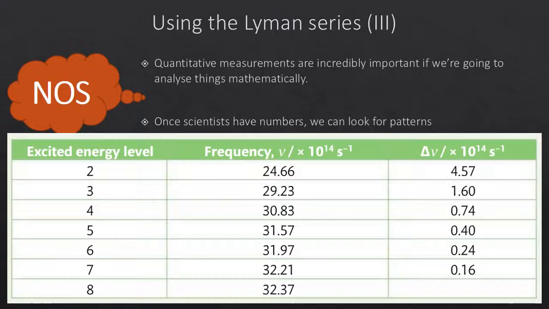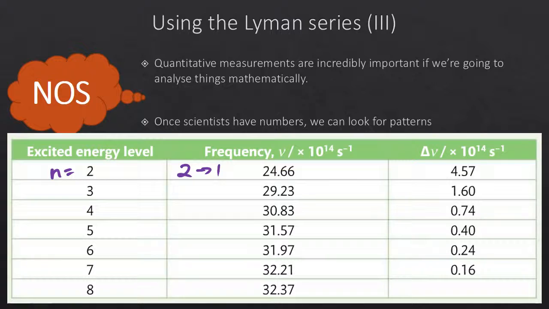This is telling us that at the excited energy level that n equals 2, the frequency of light that is emitted when my electron drops from 2 back to 1 is 24.66 by 10 to the 14 per second.